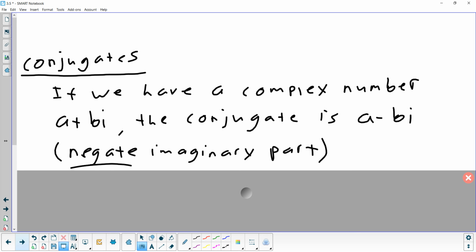The conjugate is when you negate the imaginary part. So the long way to say that is change the sign of the imaginary part. If you started with a plus bi, the conjugate would be a minus bi. If you started with a minus bi, the conjugate would be a plus bi.